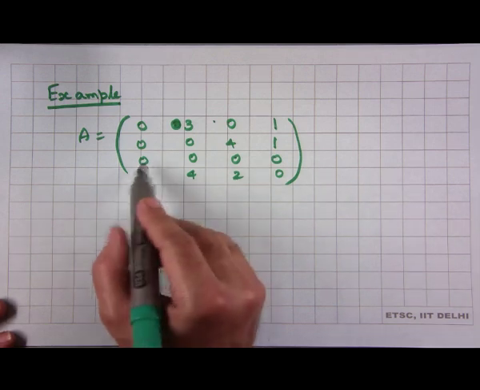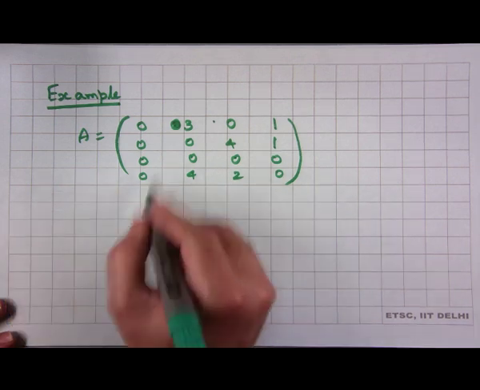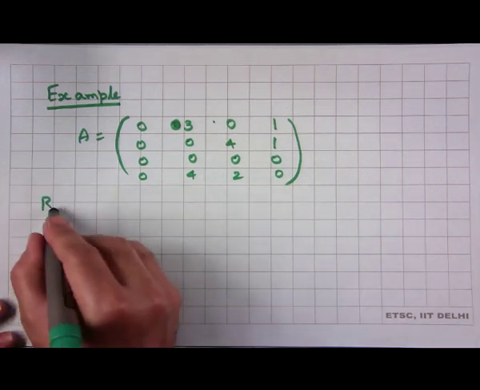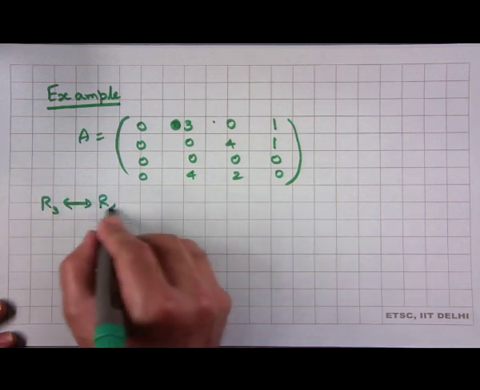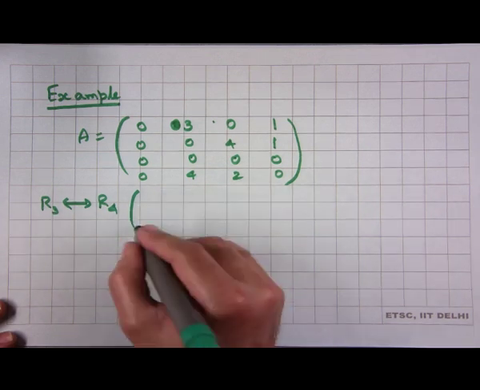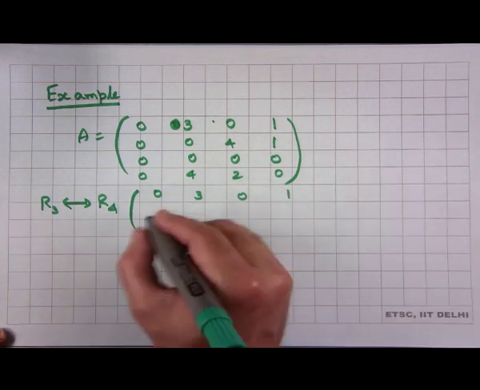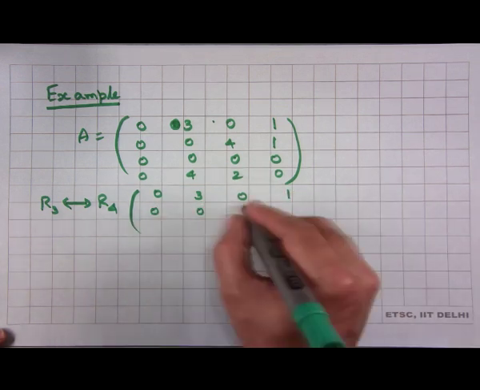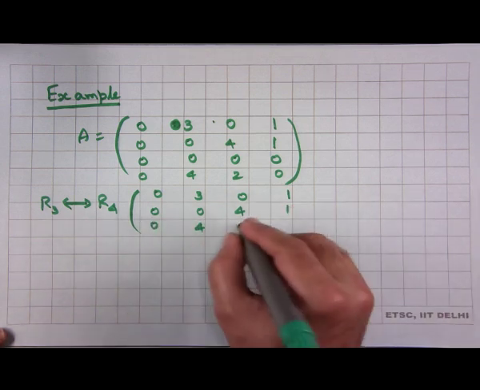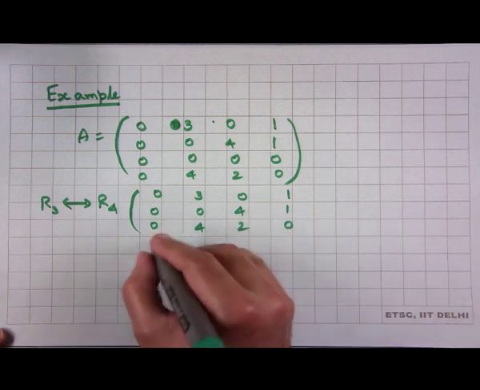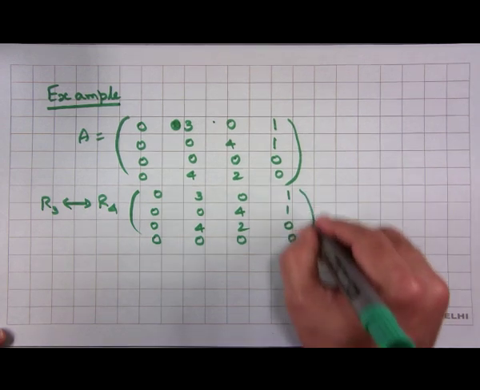First thing that you will have to notice is that we have a 0 row. So, let us push it to the last one. R3 is swapped with R4. What we will have is 0 3 0 1 0 0 4 1 0 4 2 0 0 0 0 0.